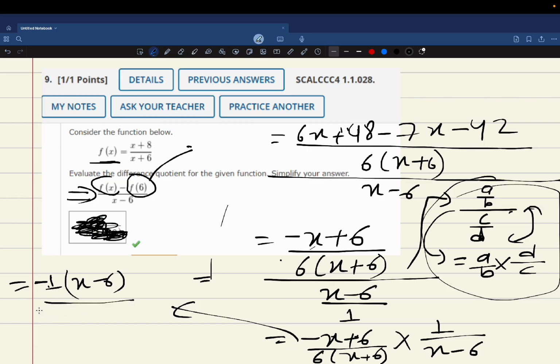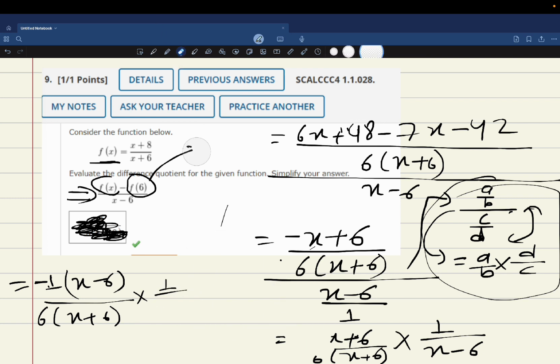Okay, and then you can do 6 times x plus 6 multiplied by 1 over x minus 6. So now this is the same and this is the same, so we can cancel it, and then we are left with minus 1 over 6 times x plus 6.